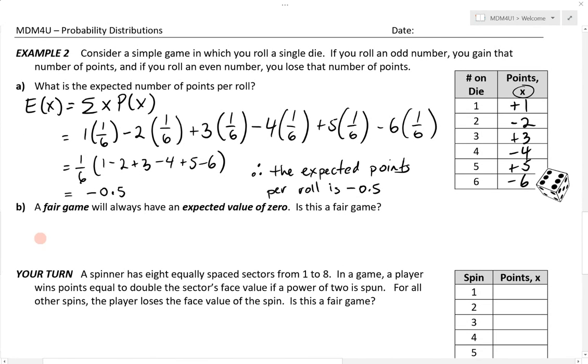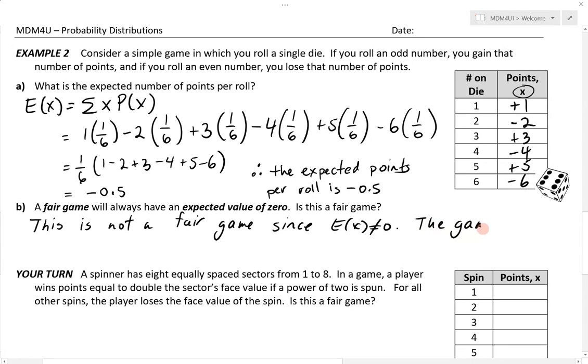So part B: a fair game will always have an expected value of 0, right? If the average is 0, there are just as many ways to win as there are to lose. So this is not a fair game, because your expected value is less than 0. So this is not a fair game since the expected value of x is not equal to 0.